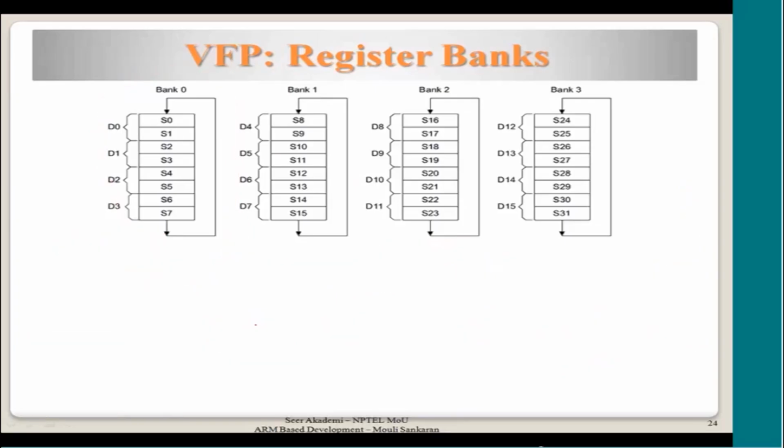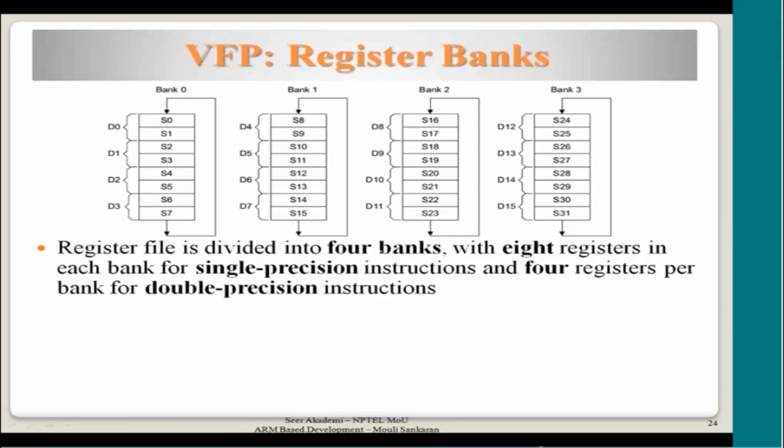So that's the indication. The register file is divided into 4 banks, 8 registers in each bank, and please remember you can do a floating point vector operation using single precision or double precision. If you do double precision, a maximum of 4 data elements can be picked up from the vector.